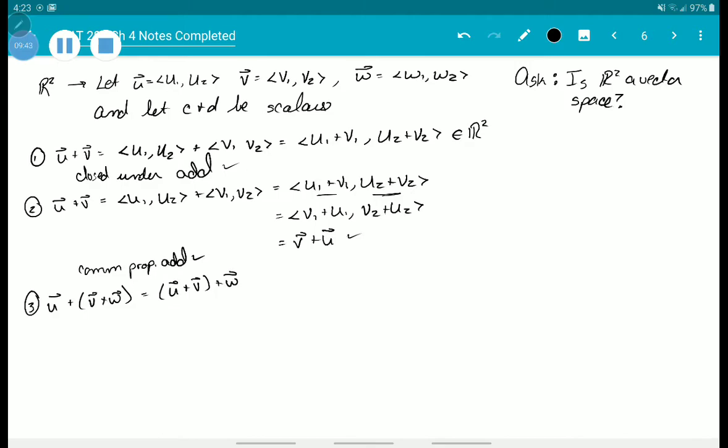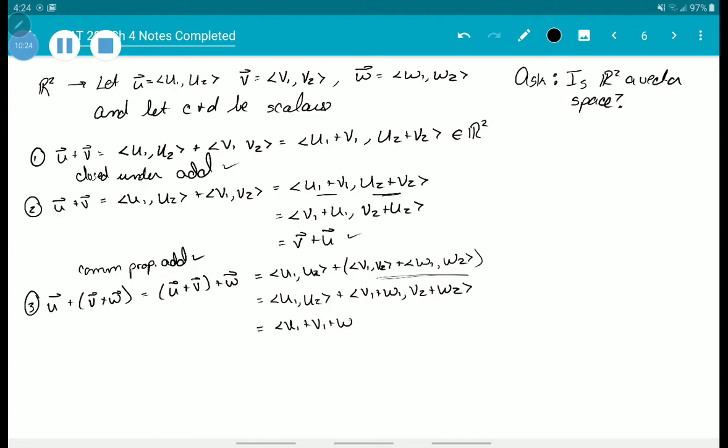We want to know, does the associative property hold? So we have U plus V plus W. So let's use order of operations and add those together. And then continue adding.